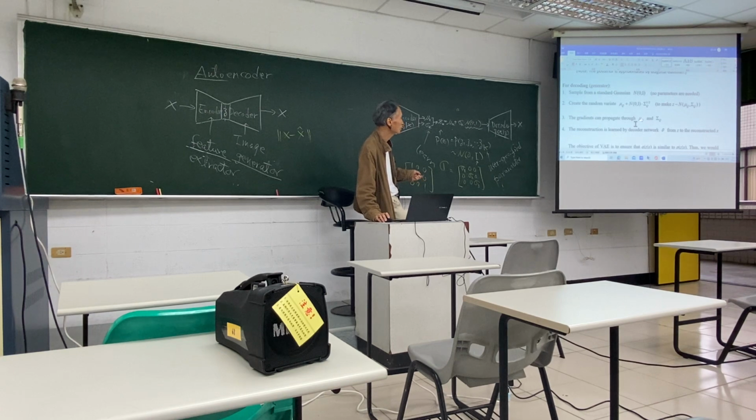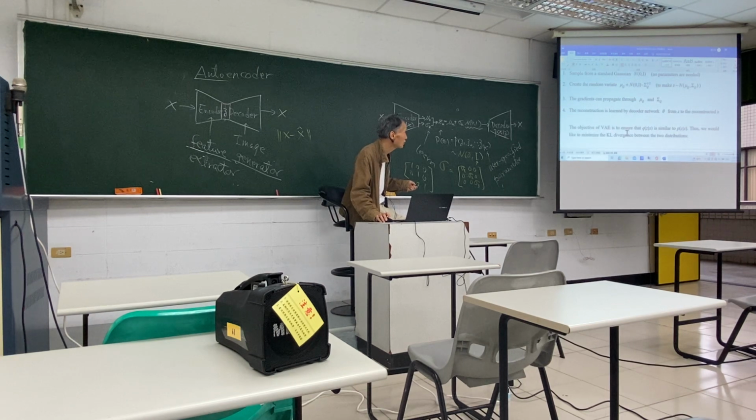If you want to learn more about the backward propagation, the gradient can be learned from these two values. That's the trick: to learn from the mean vector and the covariance matrix. Then the reconstruction is trying to find the decoder that will well reconstruct X. So that's the objective.